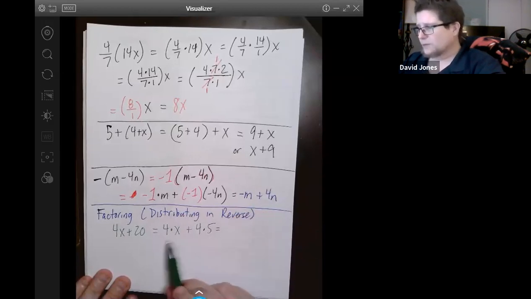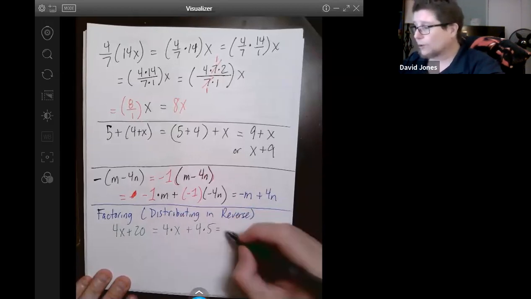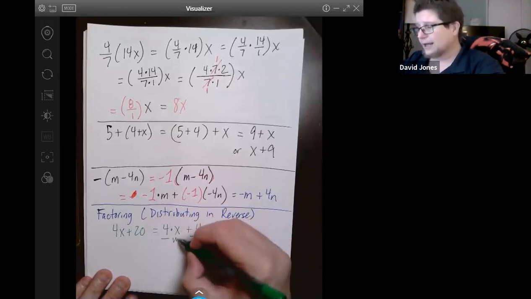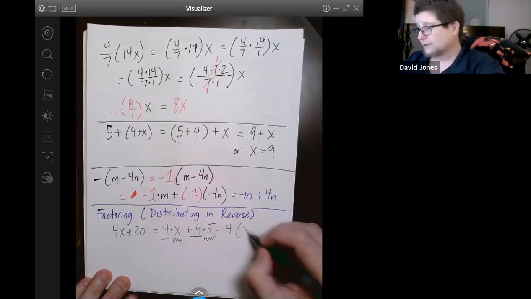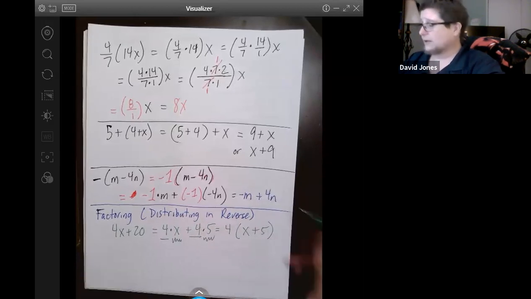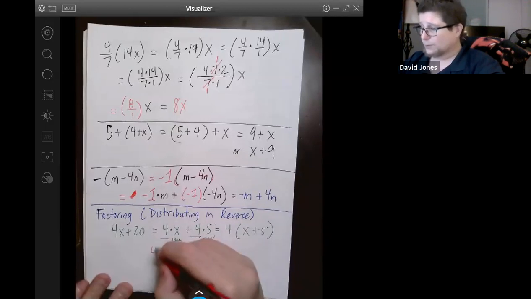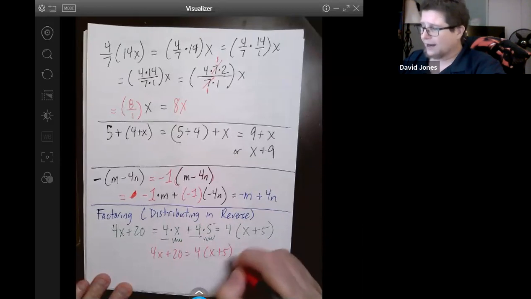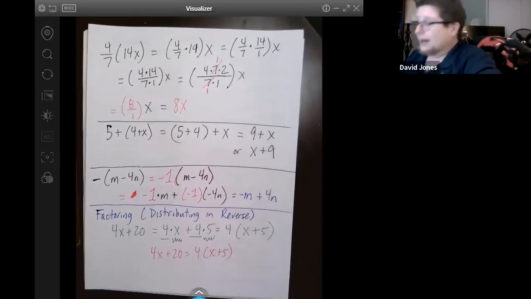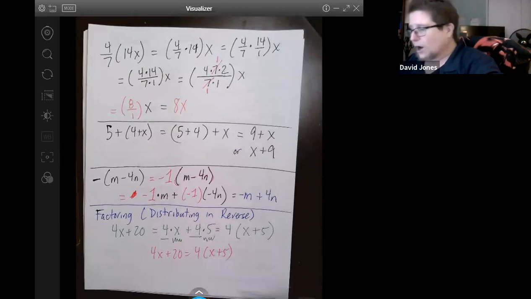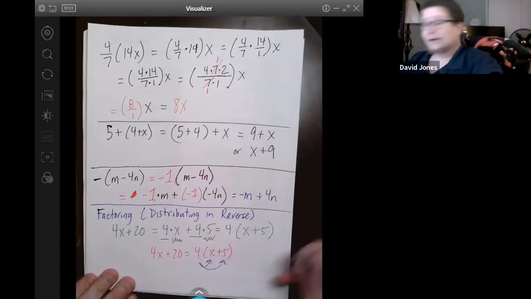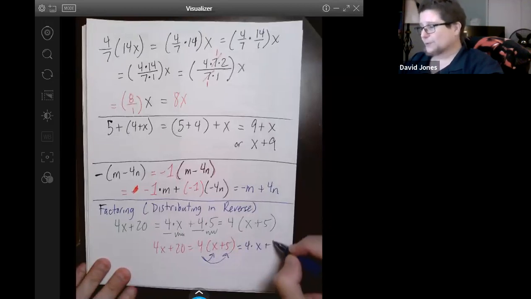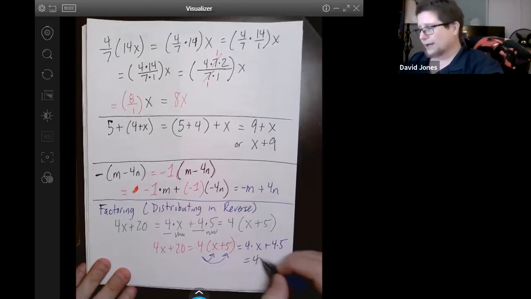And rather than distributing the 4 times something, I'm going to pull the 4 out. I pull the 4 out, and what does it leave behind? X plus 5. So 4x plus 20 is the same thing as 4 times x plus 5. And you can see that applies by distributing it out. I like to draw little arrows when I'm distributing. 4 times x plus 4 times 5, 4x plus 20.